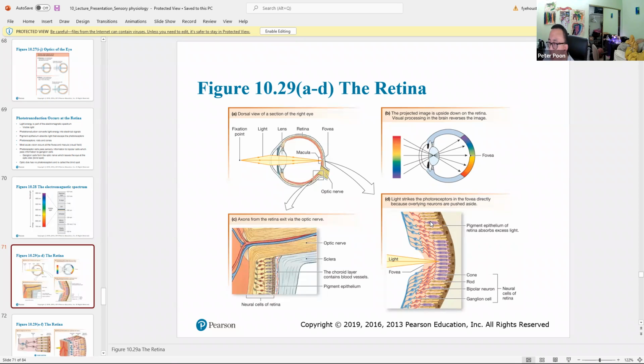The rods are for black and white vision. The cones are for color vision. The most accurate vision is here. It's all cones, so perfect color vision and less image scattering. So the most accurate light comes into the fovea.